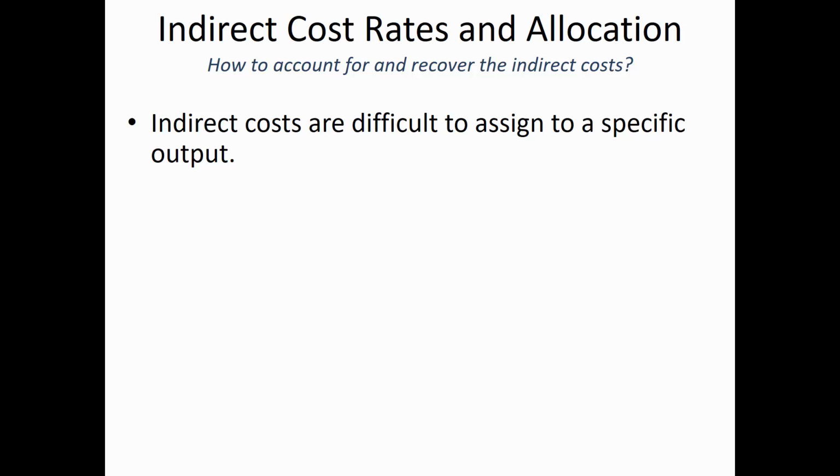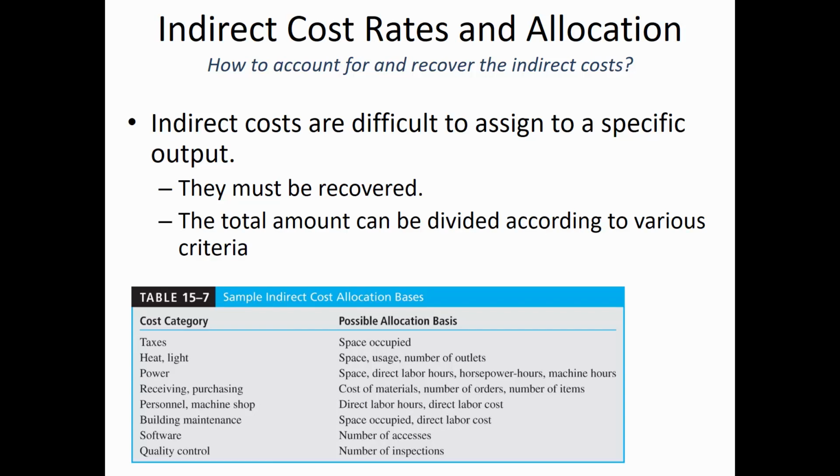And so there are certain expenses that, because it's difficult to directly assign to a specific output, we collect on the basis of a percentage of the direct costs. And so they have to be recovered. You can't just absorb those costs. They have to be somehow folded into the prices that you're charging your customers, or they have to be recovered in some way. And there's a lot of different ways to allocate those costs.